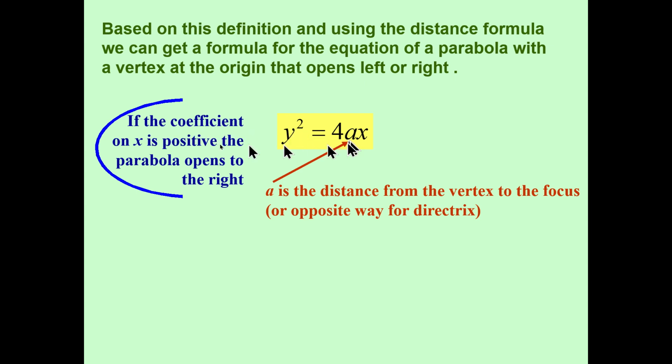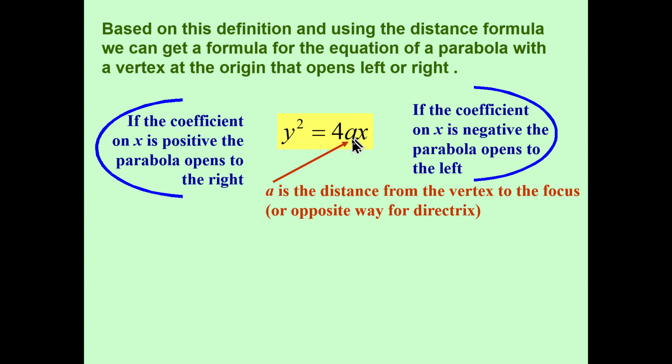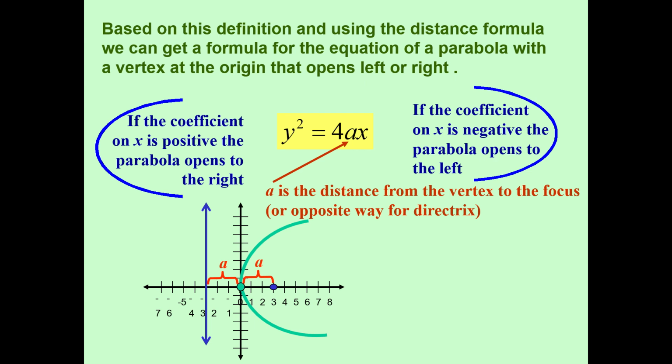If the coefficient for x is positive, it opens to the right. If the coefficient for x is negative, it opens to the left. So this is what we're talking about here.